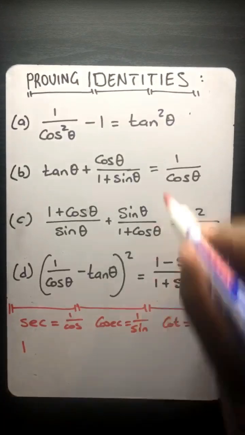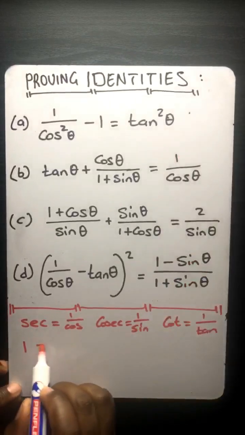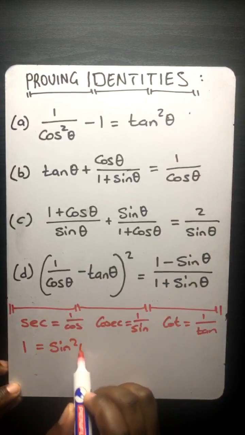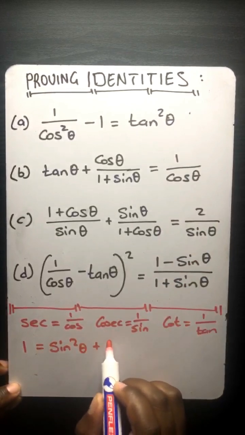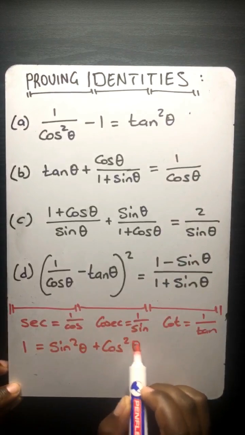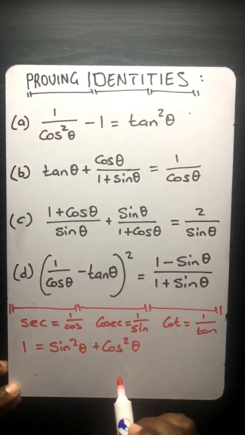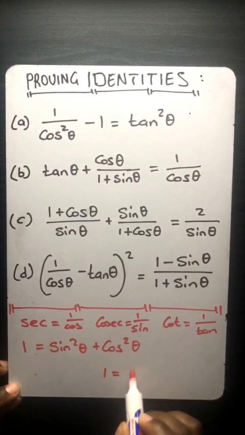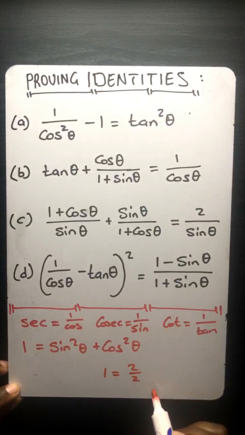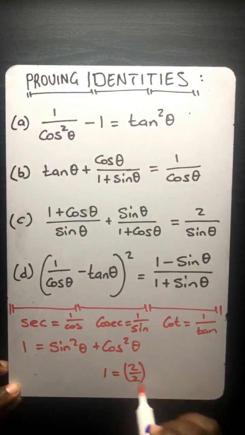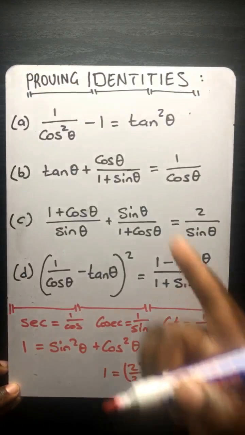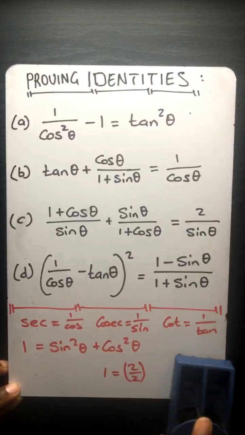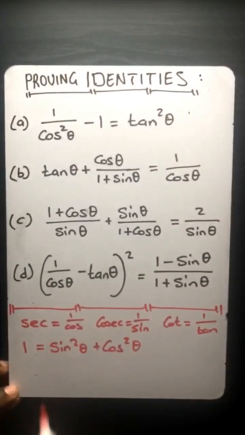The other thing that you need to know is that 1 is the same as sine squared theta plus cos squared theta. It's more like a formula where they say 1 is equal to that. It's more like I'm saying 1 is equal to 2 divided by 2. So wherever you see 1, you can still substitute that. You are still correct. But as far as trig is concerned, there's a formula which says 1 is equal to all of that. It can be proven somehow.